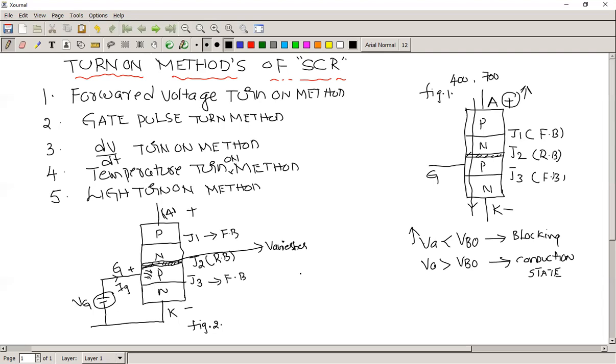Suppose we draw a graph between the anode voltage required and the gate current.